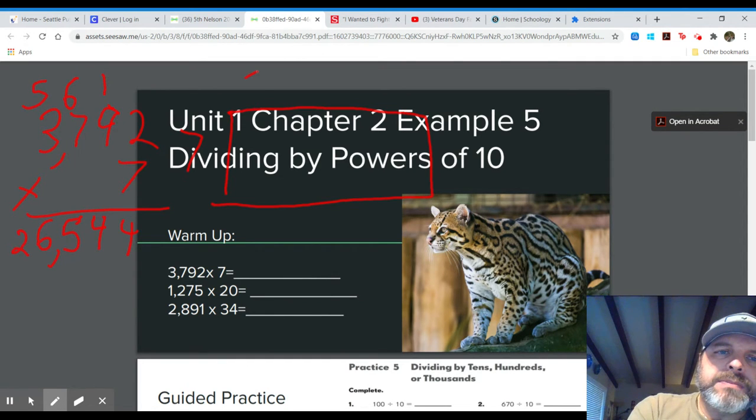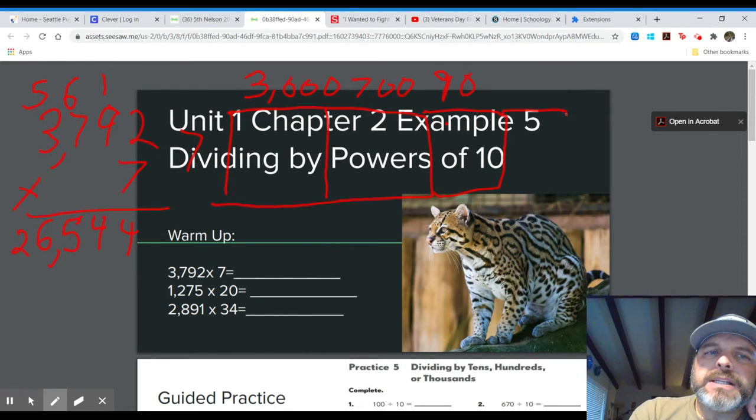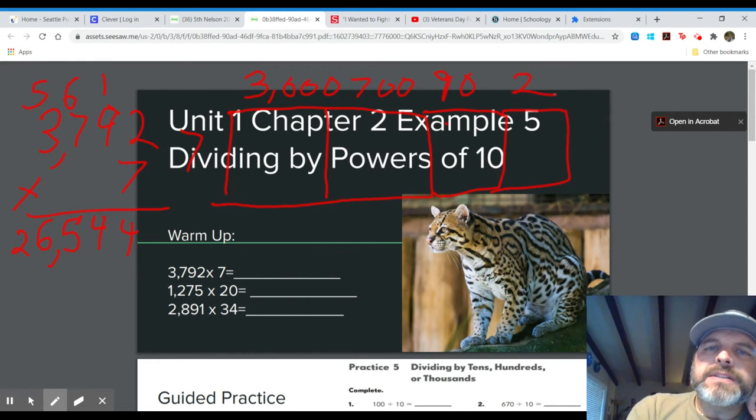So I split up the 3 as 3,000, right? And then the next one is 700. And the next one would be 90, right? And the last block would be 2. So this is writing it out in extended form, right?